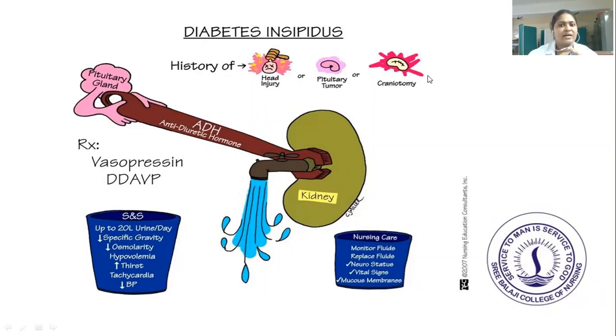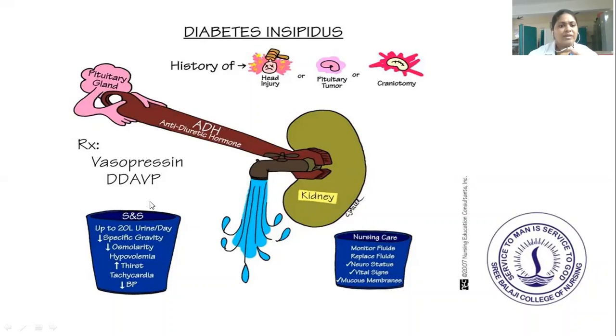If the patient has any of these conditions in the history, what happens? The pituitary gland, which secretes the antidiuretic hormone, gets affected, and it sends a signal to the kidney, which does not respond properly.